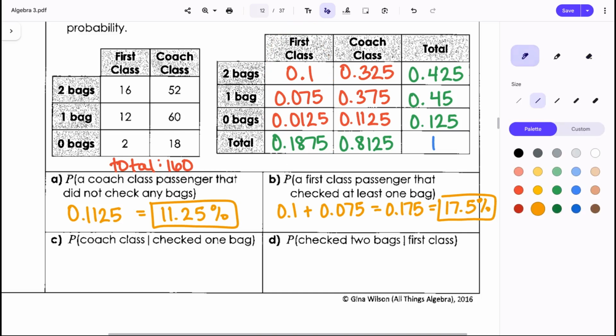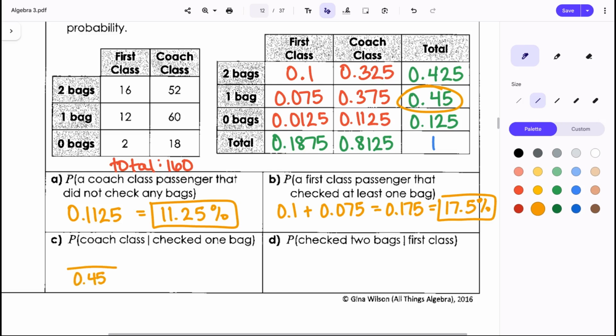Now these last 2 are the ones where it says given. So we will have to set up a fraction, but we're using percentages this time, or decimals. We're not using whole numbers. So C says coach class given they checked 1 bag. So you start with the total of 1 bag, which is this number over here in the green, the 0.45, that goes on the bottom.